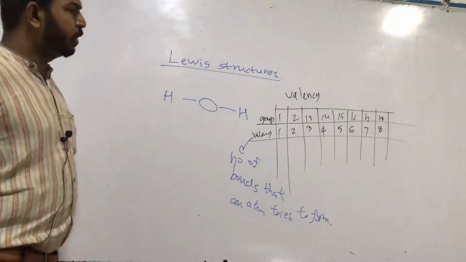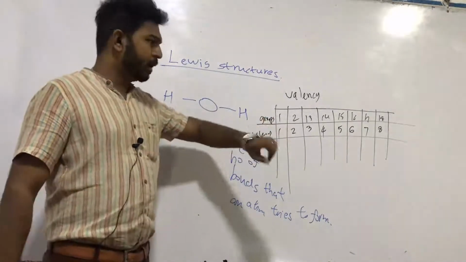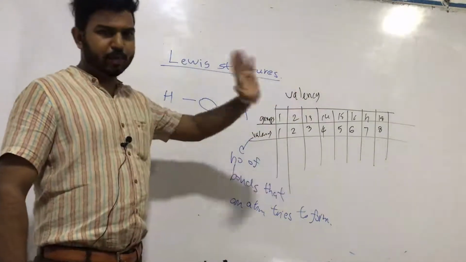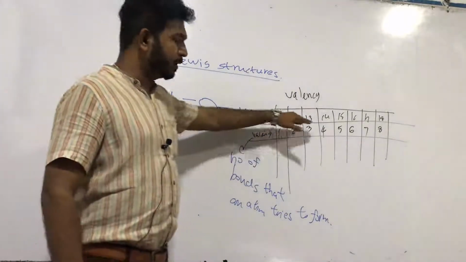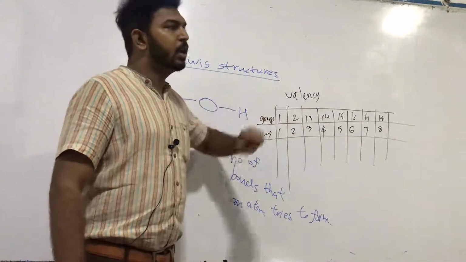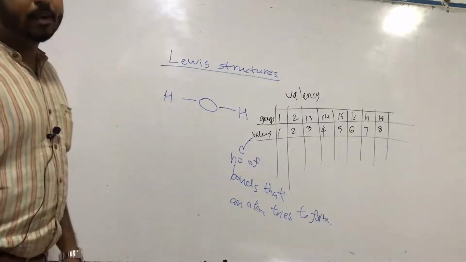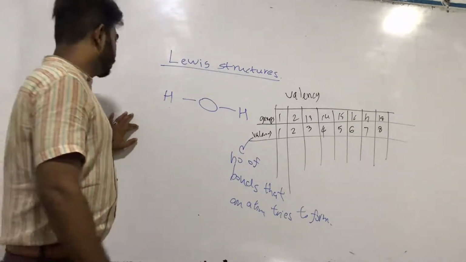It's very easy. The first group has 1, the second group 2, the 13th group 3, then 4, 5, 6, 7, 8. Those are the electrons of the last electron shell, or the number of bonds that an atom tries to form.